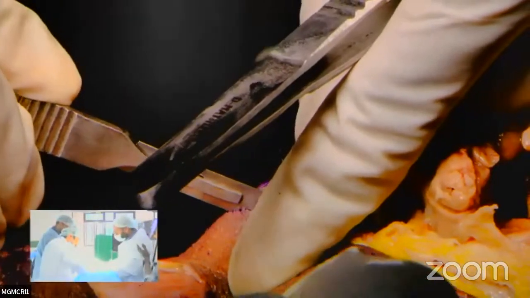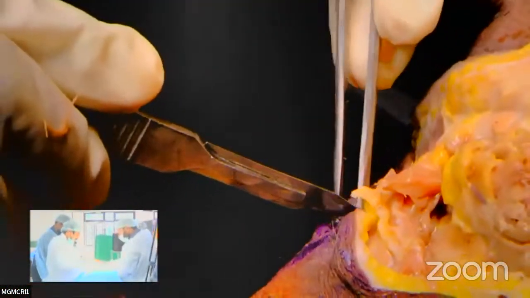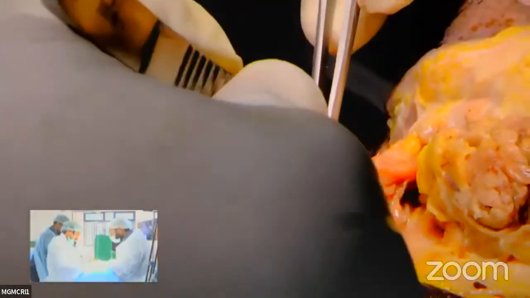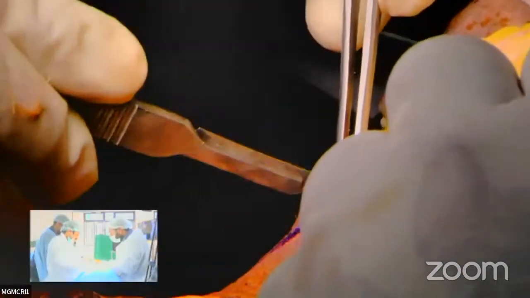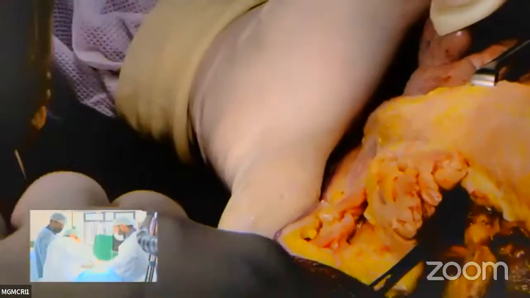This tip should be at 90 degrees so that your skin flap necrosis is very less. This incision should be at 90 degrees. Once you make it, hold it. Then you curve it posteriorly and then make a lazy S incision.